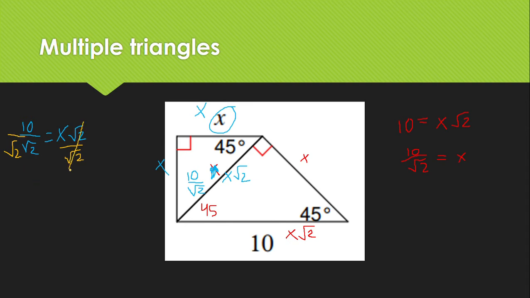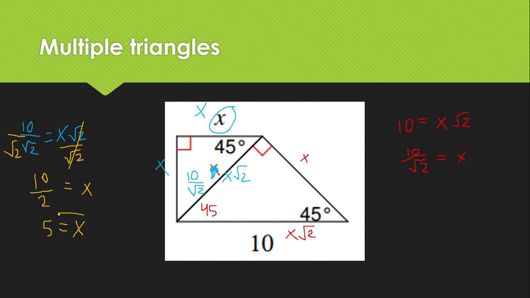These are going to cancel out, and we're going to end up with x over here. And over here we have 10 divided by square root of 2 times square root of 2 is just 2. So 10 divided by 2, which is 5. So 5 is going to be our x.